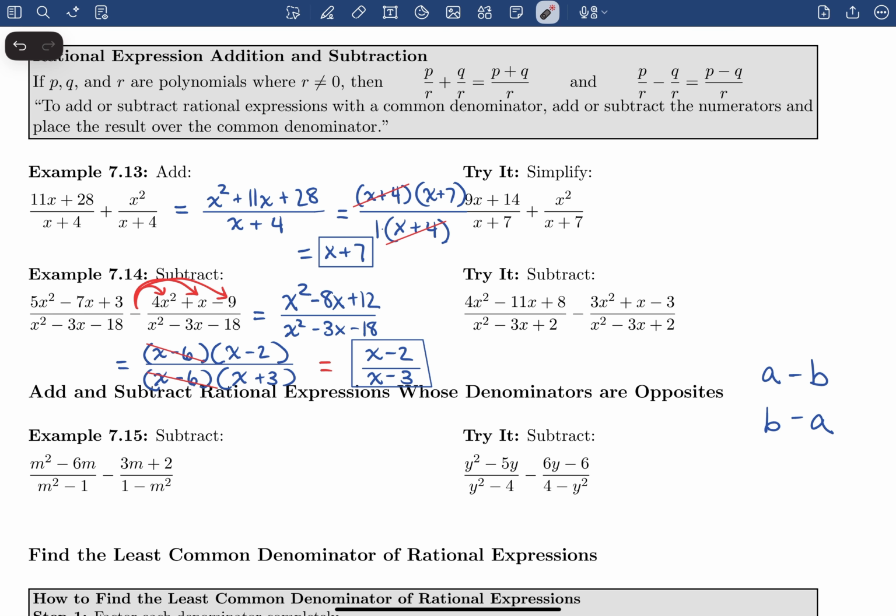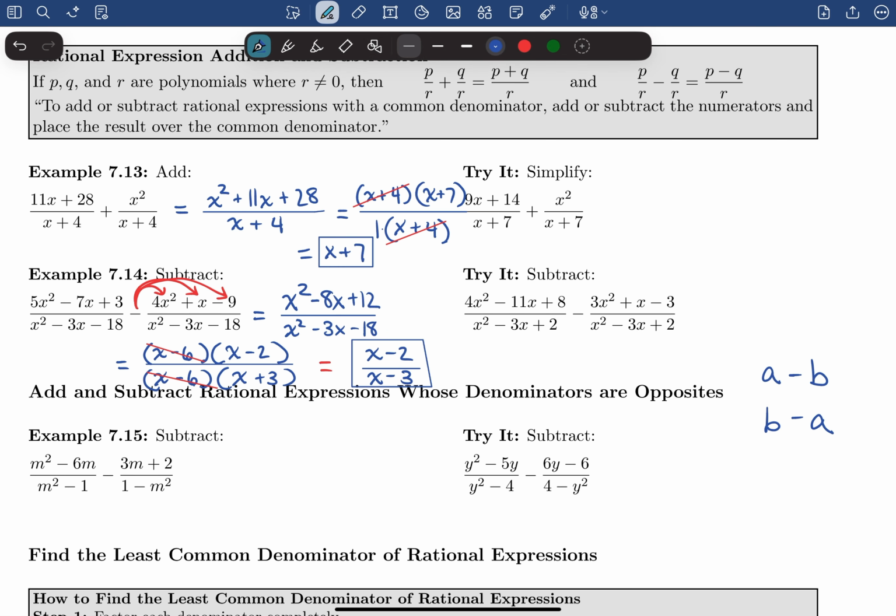Okay, great. And one important thing is that we can actually make these two things look the same, even though they aren't the same. What we can do is factor a negative 1 out of this to flip the location of the two terms.